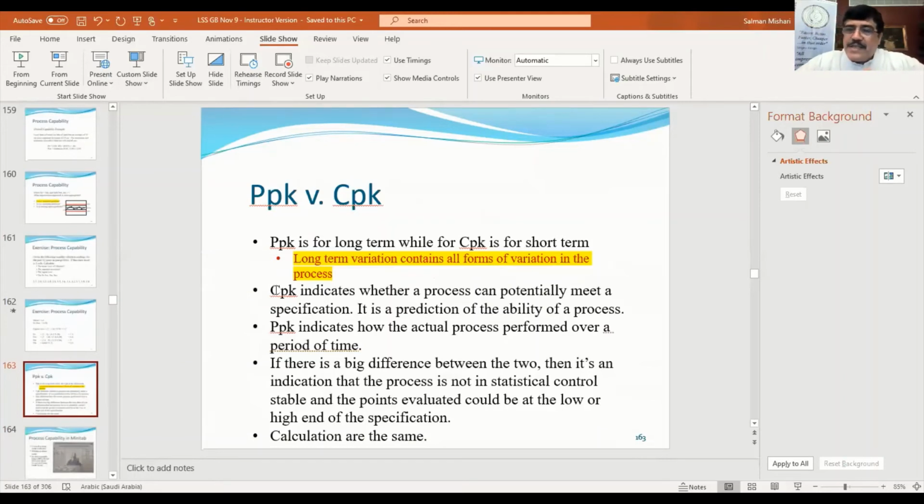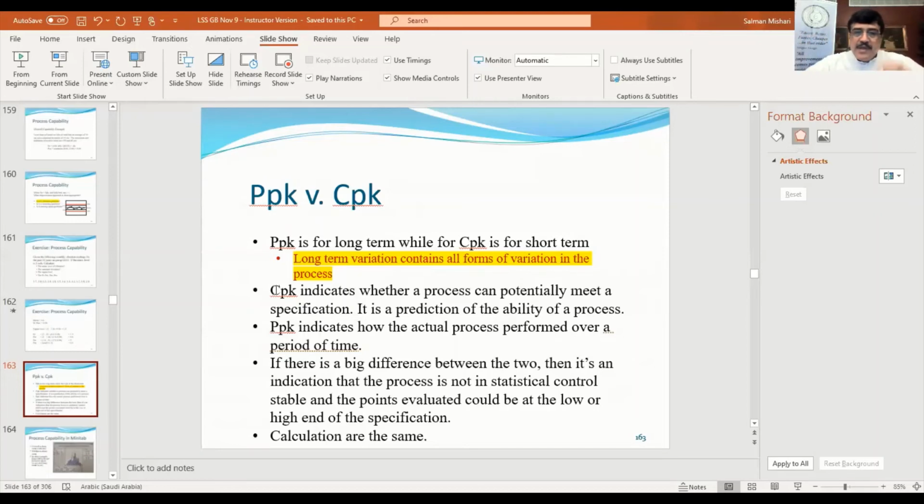Actually, some slides I just added because I know that they will be mentioned in the green belt, but there is the PPK and the CPK. The PPK is for long term, while CPK is for short term. Because there is long-term variation over the whole process, and there is short-term variation that has to do with a certain period and so on.